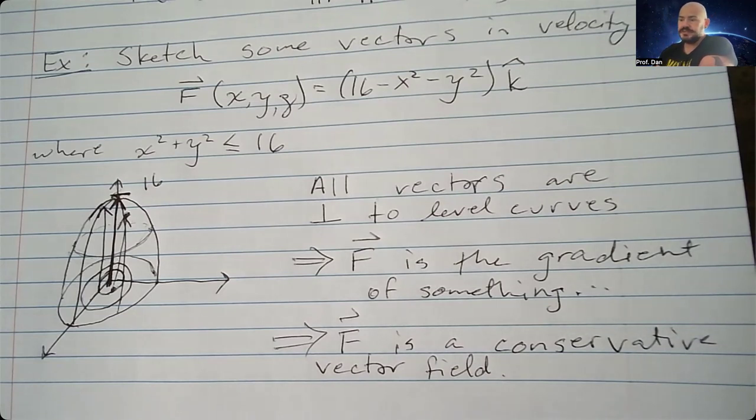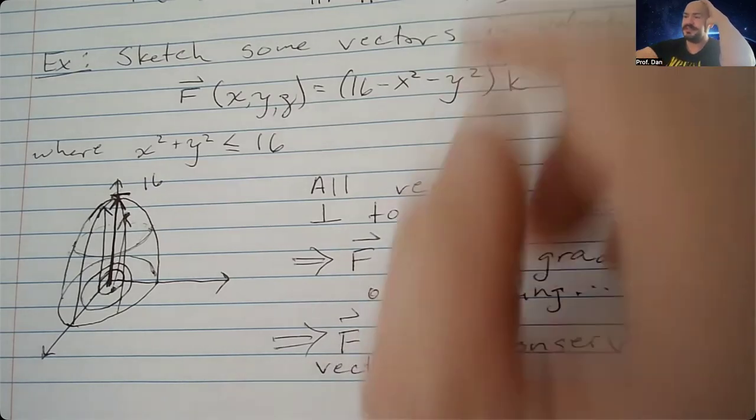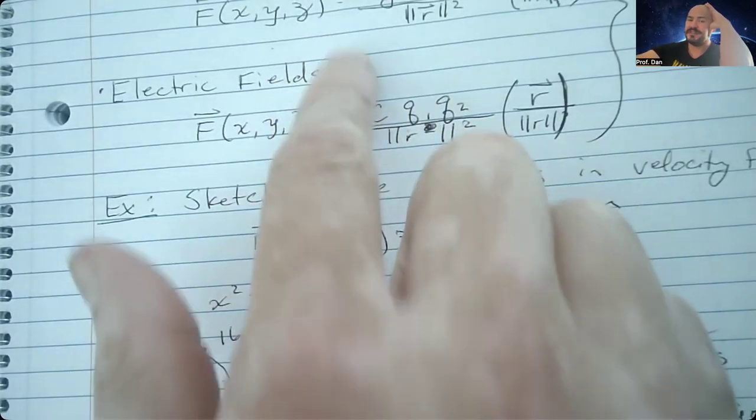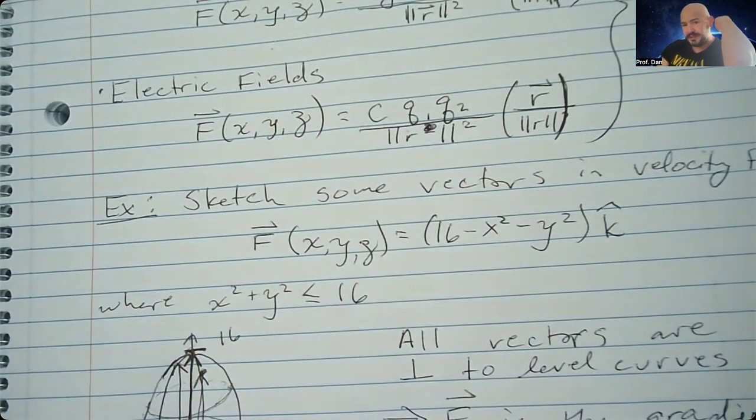Basically, in terms of vector fields that we've discussed in this course, inverse square fields are conservative, and a result of that is that their energy is conserved, right? Meaning that the kinetic plus the potential energy experienced at any point in this kind of field is constant throughout the field.